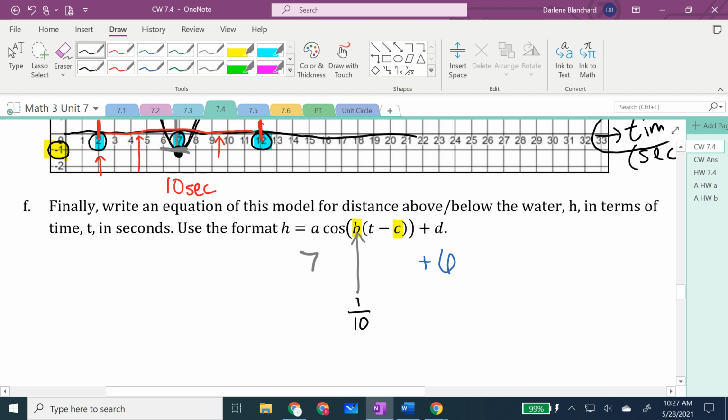Now, another way that you may be shown how to do it is the period of the graph is equal to 2 pi divided by that B. And we were looking at the fact that the period of the graph is 10 seconds.